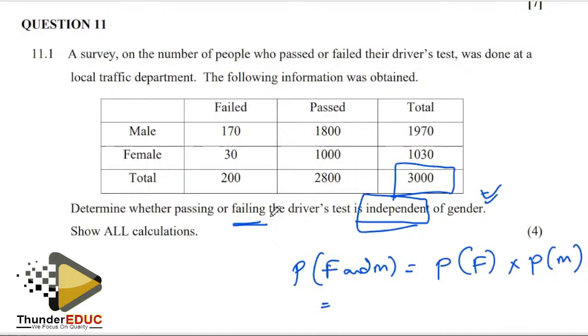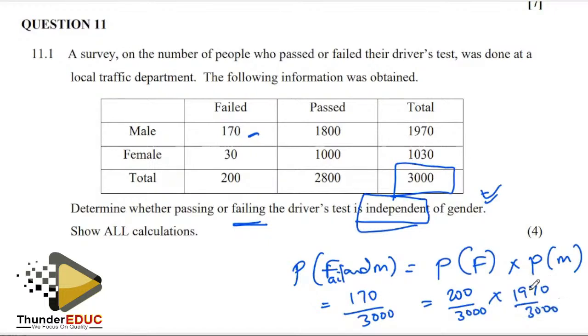So on the left, I'll just call it fail and male, okay? So you failed and you're male, it's 170 over 3,000. Then probability of failing is 200 over 3,000 times probability of being male, which is 1970 over 3,000.